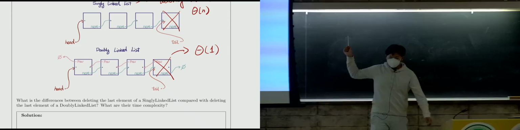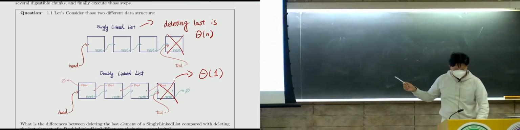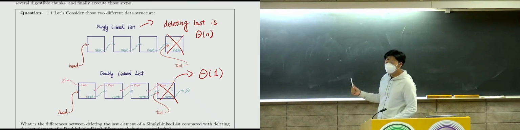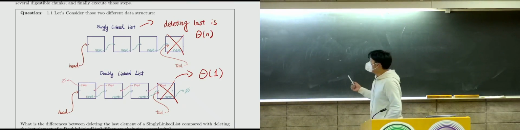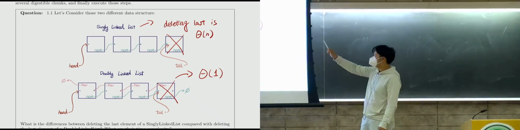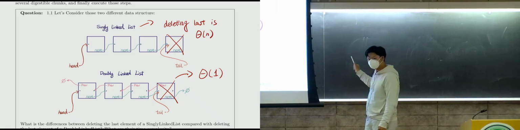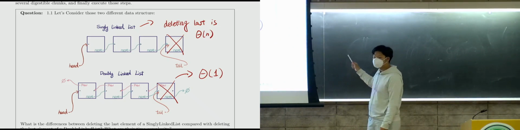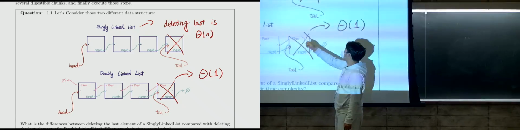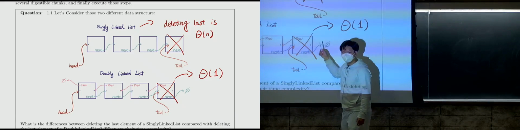But why? I also have a tail pointer for the singly linked list. Why is that O(n)? Yeah. So you need to loop from the head, going to the next each time, all the way down to the n-1 element. So looping from the head to the previous element of the tail takes O(n).